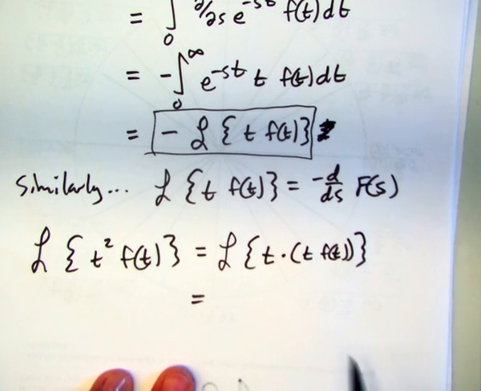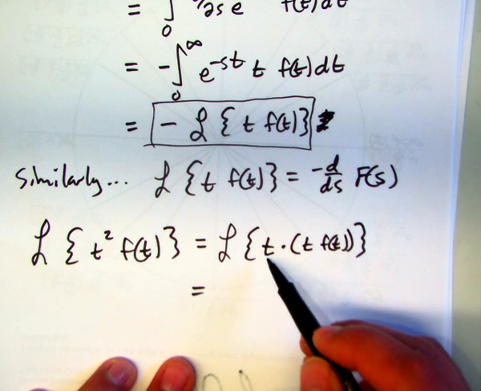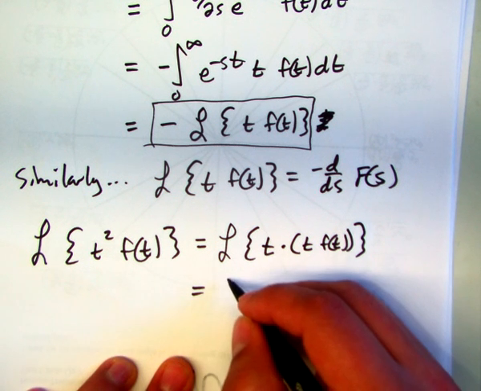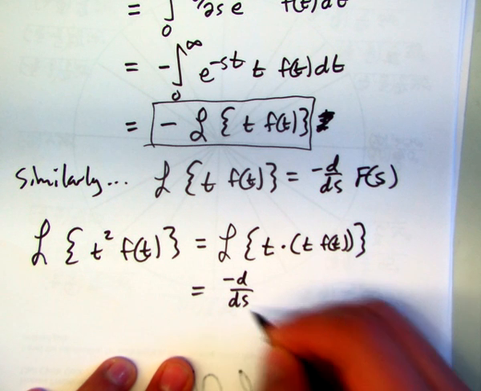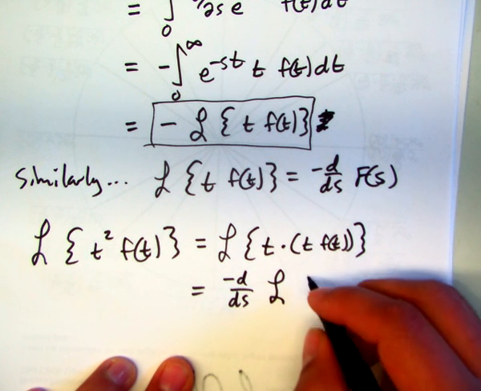So then what we can do is use the previous rule. Now we just have this extra t in there, so all that means is we're going to take the opposite of the derivative with respect to s of the transform of the function at hand, which is t f of t.